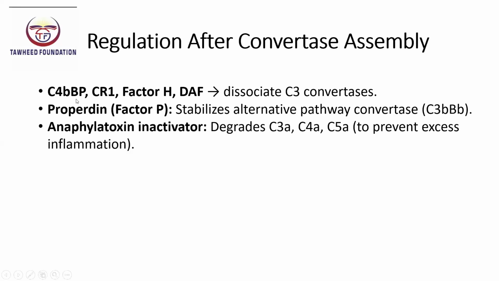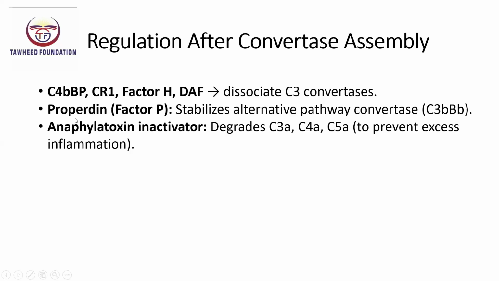C4b binding protein, C4b-BP, CR1, complement receptor 1, factor H, and DAF, that is decay accelerating factor, act by accelerating the dissociation of C2a or Bb from the C3 convertase, effectively halting further complement activation.